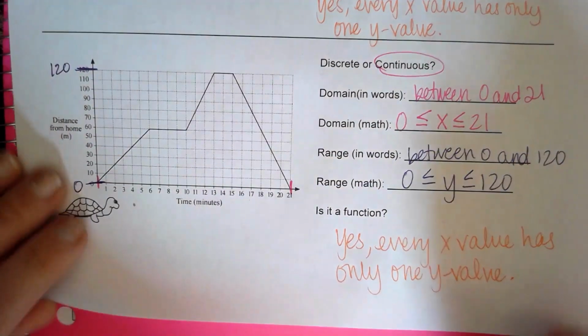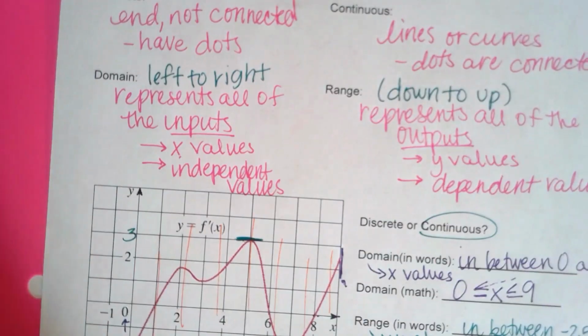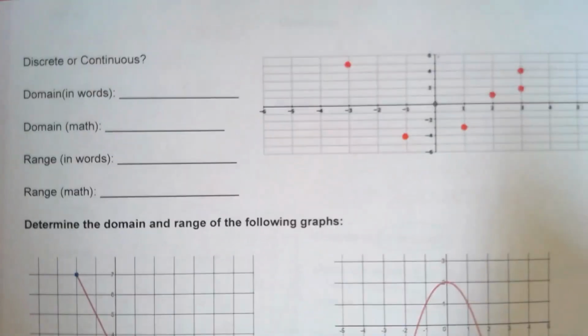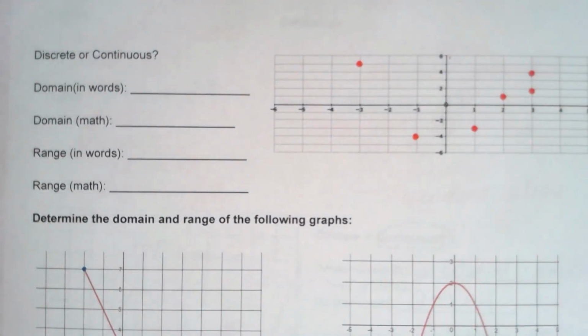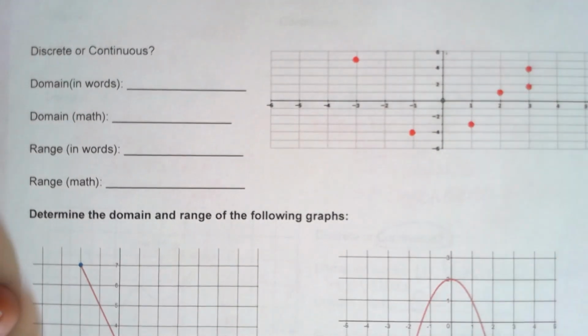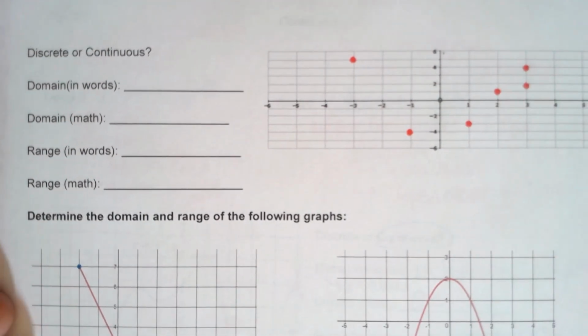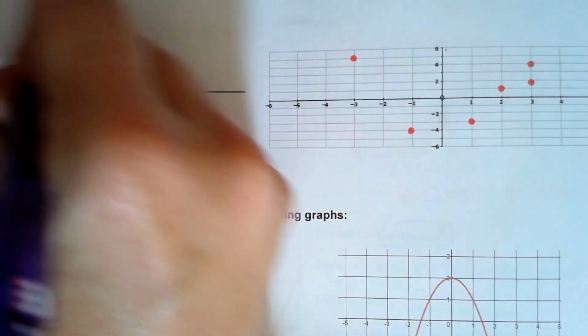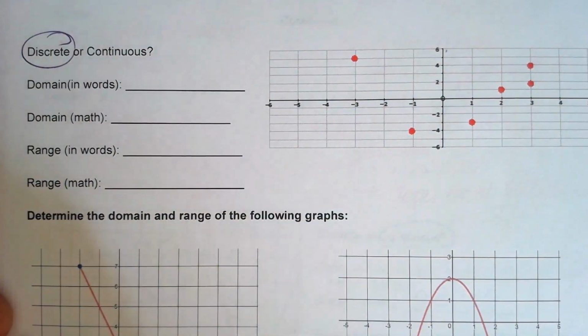Okay, so now we're going to look at one that's a little different. This looks familiar. We talked about this when we were talking about is it a function or not a function, okay? But starting us off, discrete or continuous. We finally have a discrete graph, right?